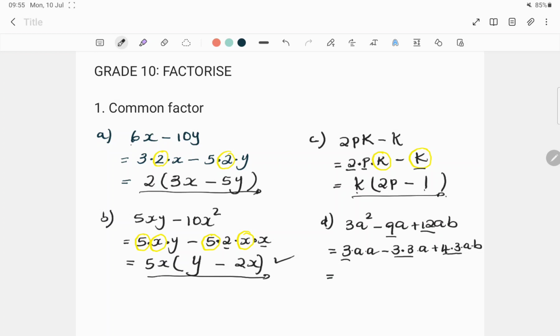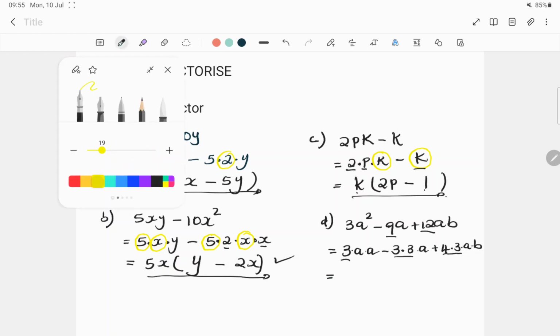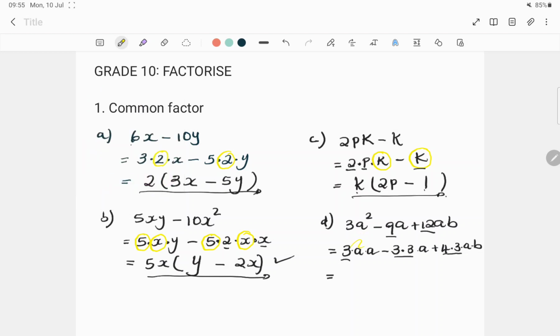Then you check your common factor, your highest common factor. I have 3, I have a 3, I have a 3. I also have an a, an a, an a. I have an a here, I have a 3 here, I have 4b. I don't have anything that is the same.